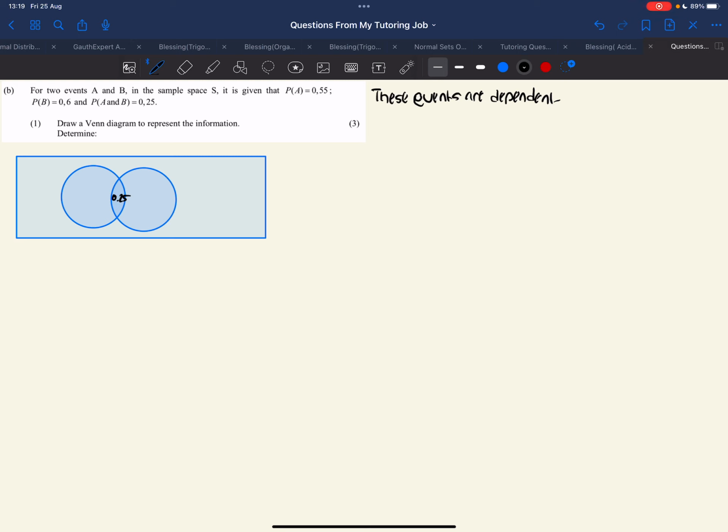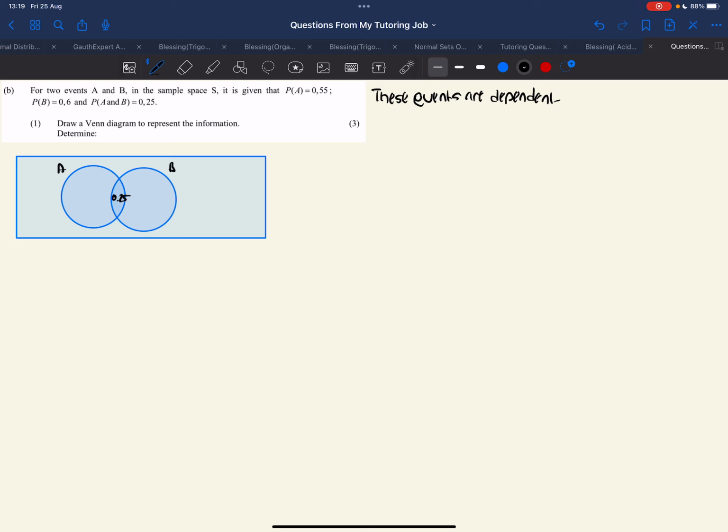Now the other thing that I want you to get, we are given that the probability of A equals 0.55. It means that we're going to add 0.25 and what's inside there to give us 0.55. So what we need is the probability of A only happening. Let me put A there in black, and B there.